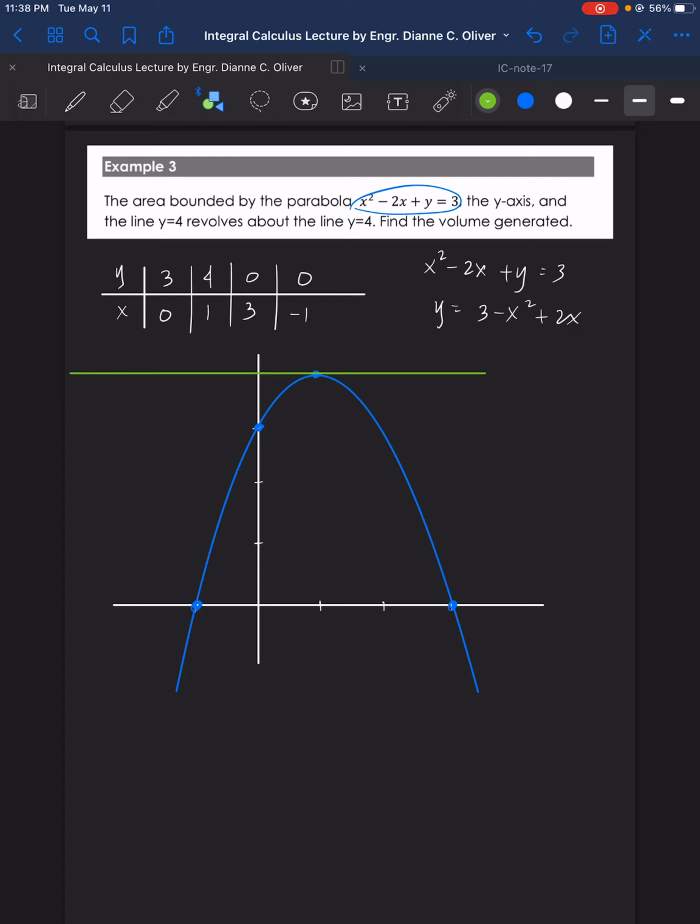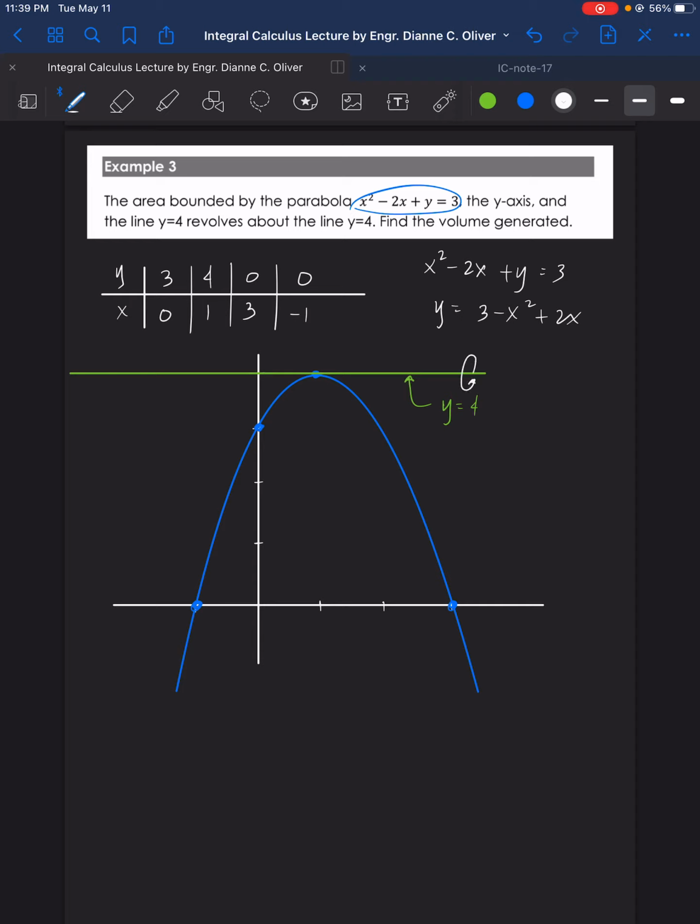Therefore, the area we are considering here is this portion. Now, what is the axis of rotation? It is revolving around the line y is equal to 4. So, this is y is equal to 4, and the axis of rotation is here also.